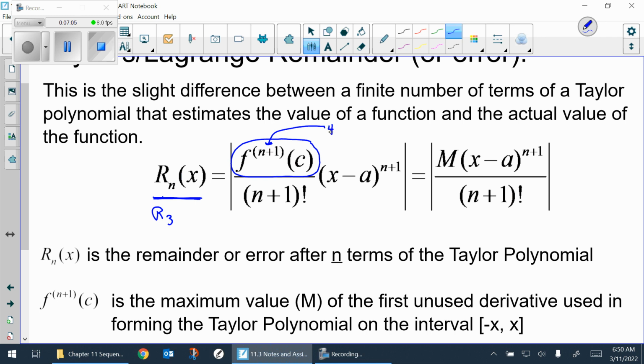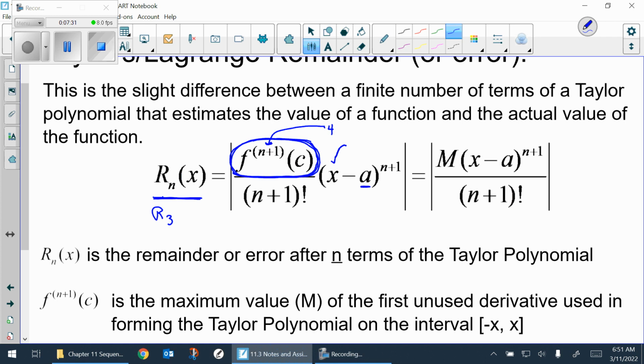We're looking for that next derivative. And what we want to do is, on our interval, maximize the value of that next derivative. Maximum value of the next derivative. A is where we're centered.